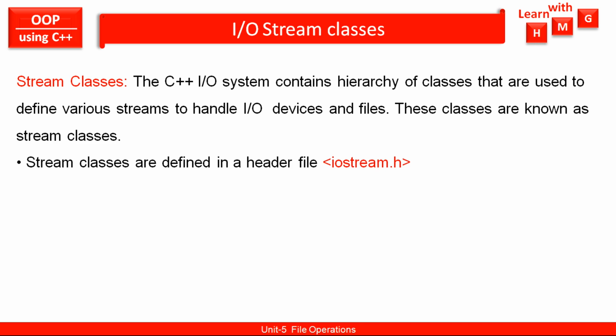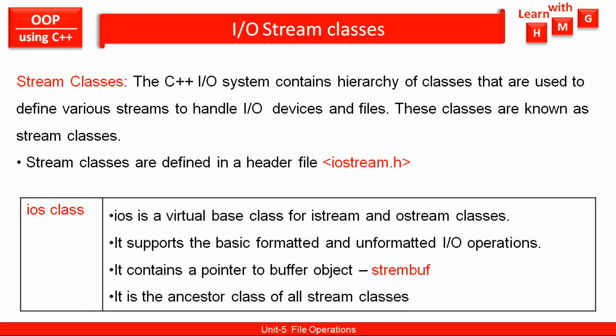Stream classes are defined in the header file iostream.h. So these classes which we have seen in this diagram are defined in this header file, and that's why we always include the iostream.h header file in every C++ program.